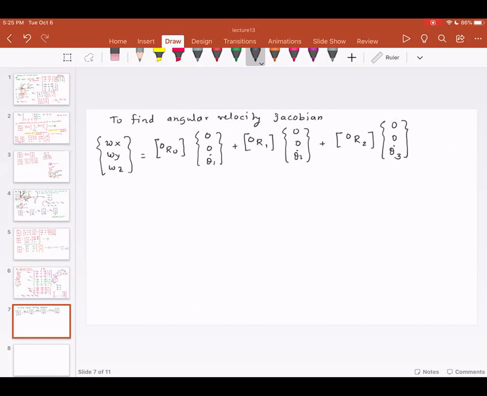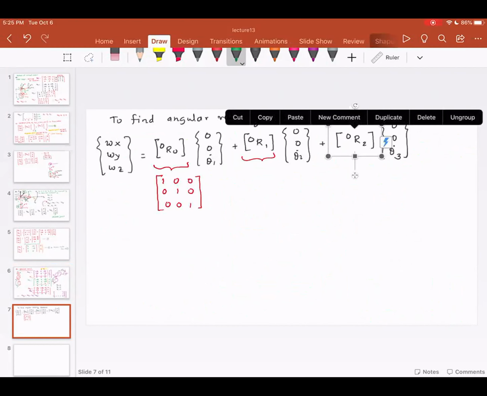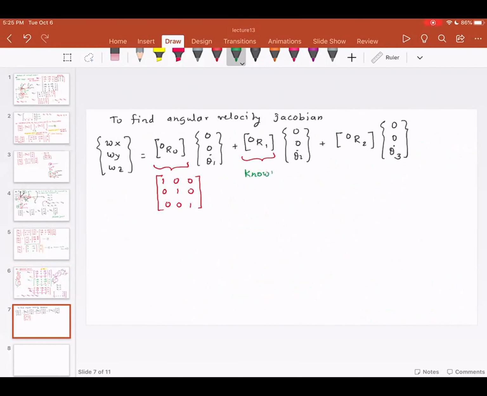Please look at this. We know this guy is an identity matrix, so I don't see any problem here: 1, 0, 0, 0, 1, 0, 0, 0, 1. 0R0 is known, and this one is known too. But 0R2 is not known, so it needs to be found with the expression 0R1 times 1R2.